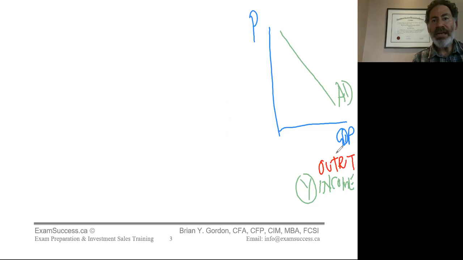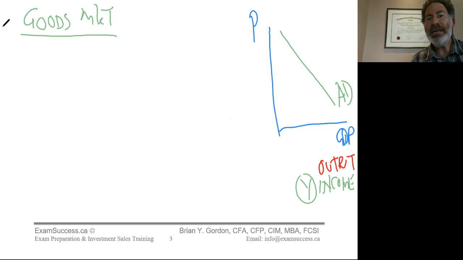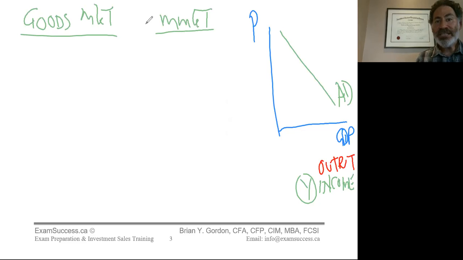So we need to then come over and talk about the goods market, MKT, and the money markets, MMKT. The goods market refers to the planned expenditures versus the actual output.